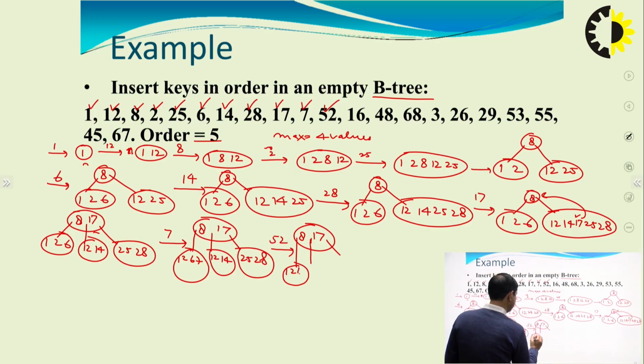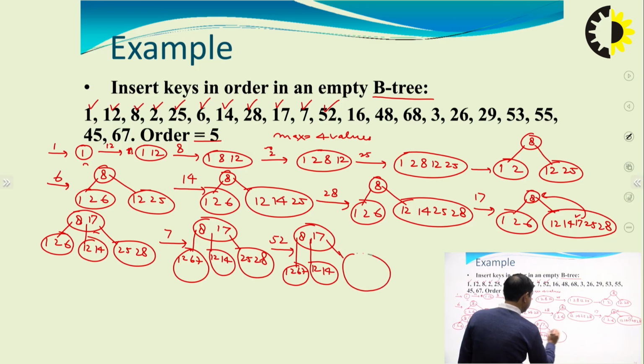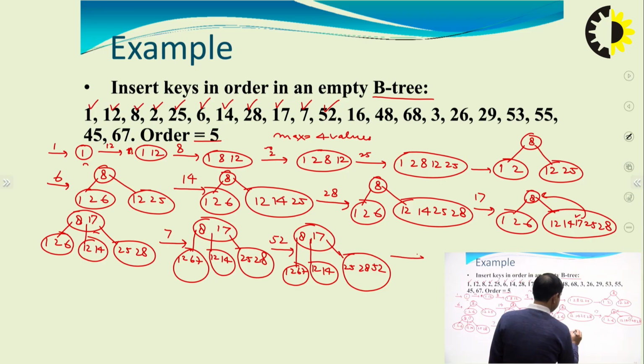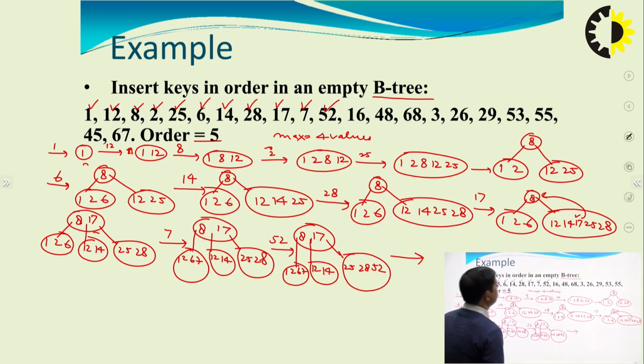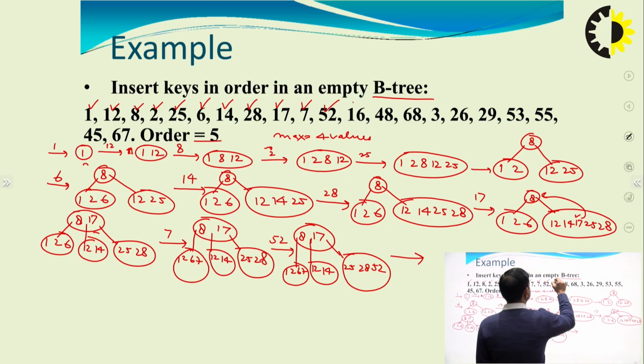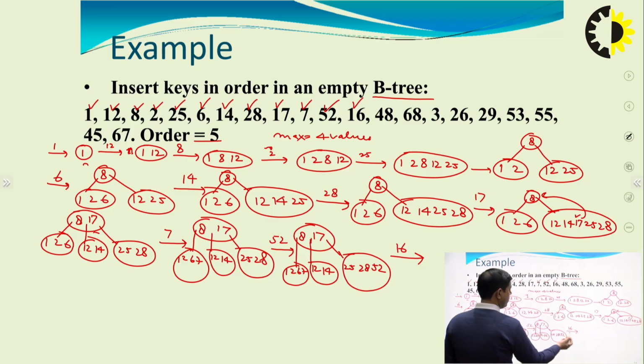1, 2, 6 and 7. This is 12, 14, 25, 28 and 52. Okay. After that, we have to insert 16. Now we will compare this value with the root values, then we will insert here.